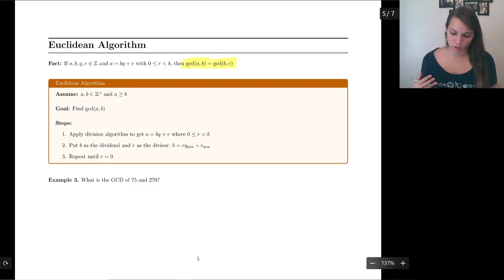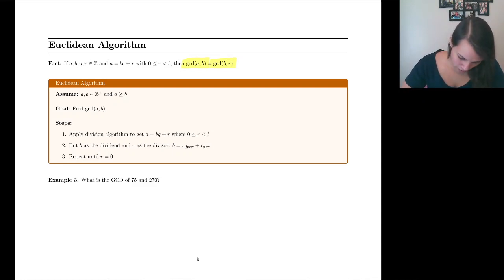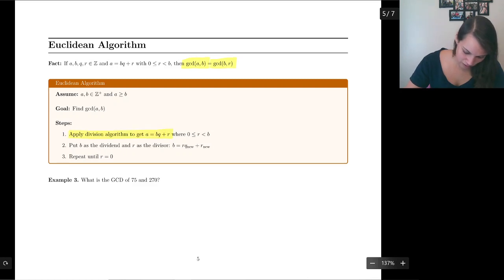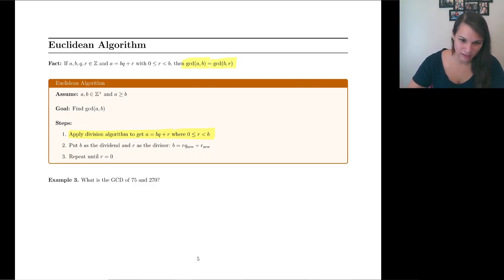we're going to use this to our advantage and keep repeating. So we're going to, step 1, apply the division algorithm and find our R. That means, here, I'm going to do it alongside with this next example. I think that's probably going to be best.